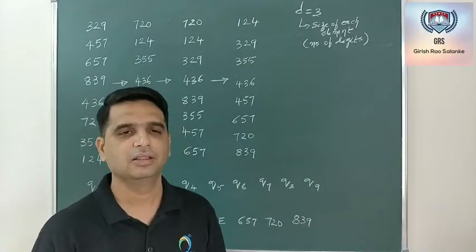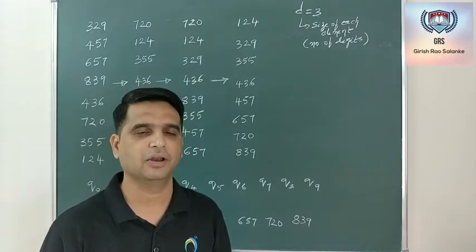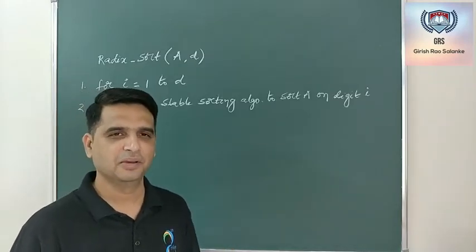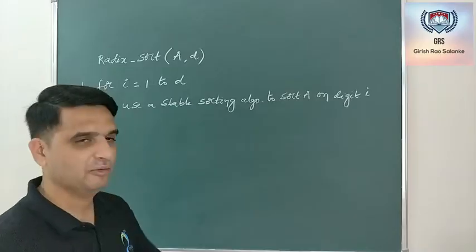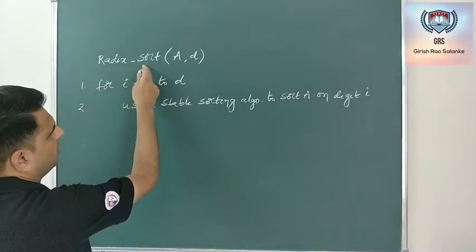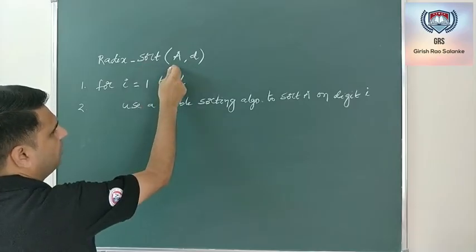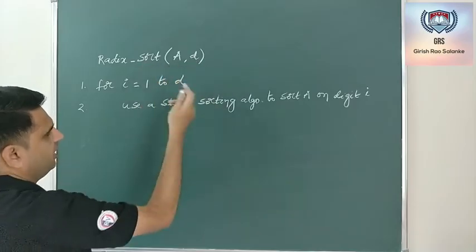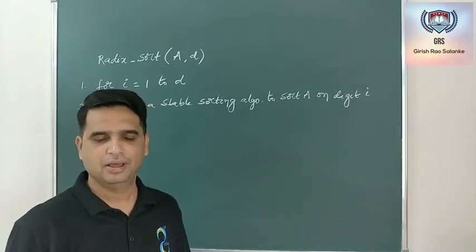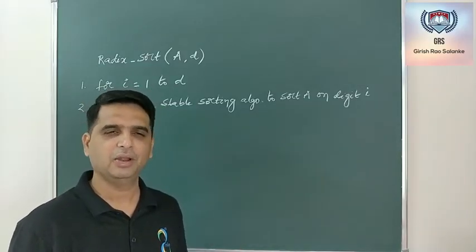Now we'll see the pseudocode of the Radix sort algorithm. This is the pseudocode of the Radix sort algorithm, probably the only algorithm which has only 2 steps. The input to this Radix sort algorithm is an array A of n elements, and this d is the highest order digit. As in the previous example that we considered, the d value was 3.